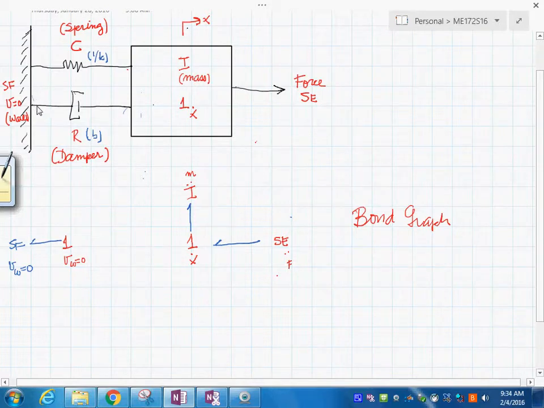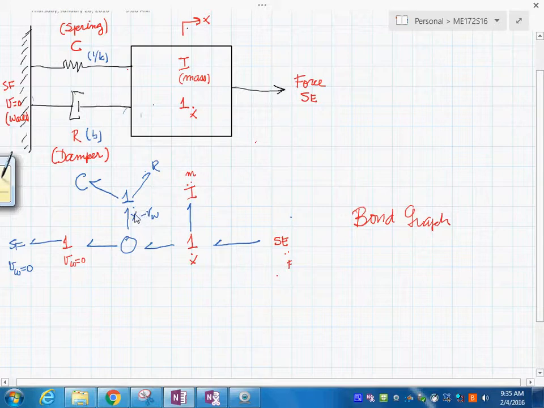Okay, so here we're going to use the zero junction to make the difference between x dot and the wall velocity, and that difference is going to be a one junction that we represented as x dot minus velocity of the wall, and that difference is seen by the C element, which is there, and also by the R element, which is here. And that's the end of this.